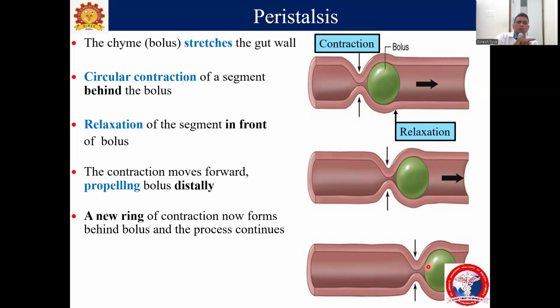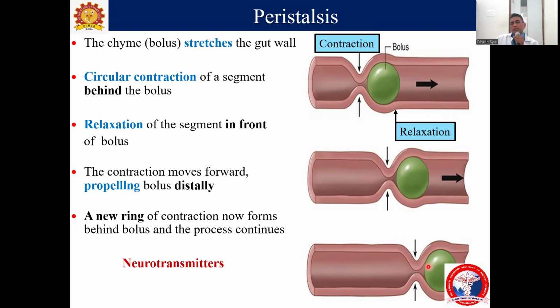The bolus of chyme will be pushed down the entire stretch of the small intestine into the colon. So this is peristalsis, the propulsive movement of the small intestine, which pushes food forward down the intestinal lumen. How does it happen? Two segments are involved. The segment behind will contract, the segment in front will relax, pushing food forward just a little bit. This happens over and over again.